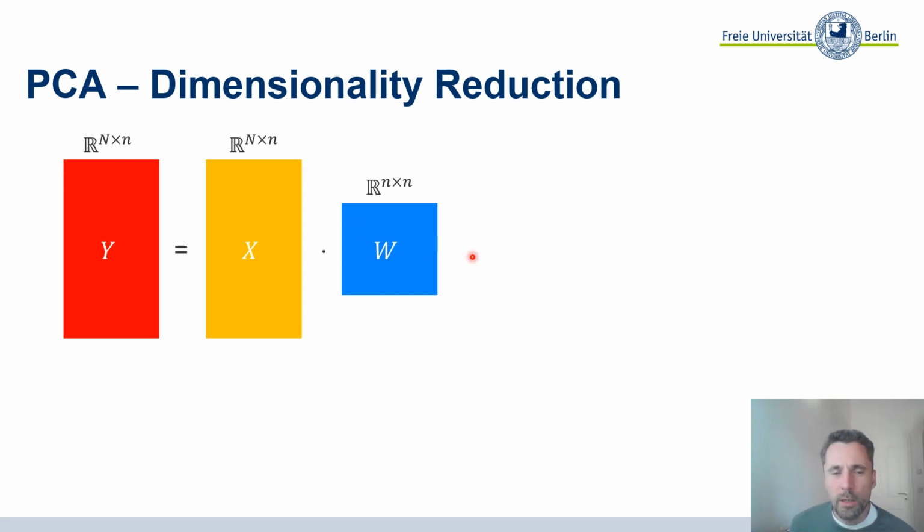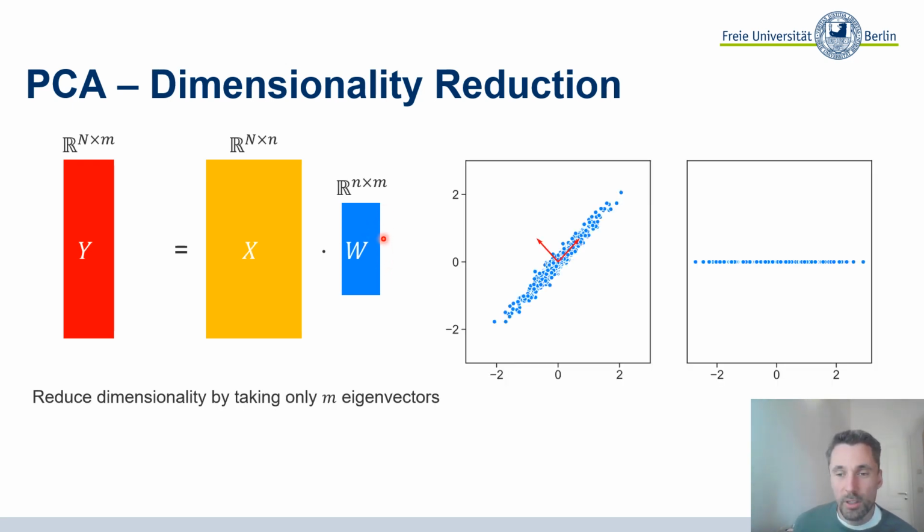Now we can do this multiplication with the full set of principal components, but we also could reduce the number of principal components, so the resulting dimensionality of y, of our new data, is reduced.